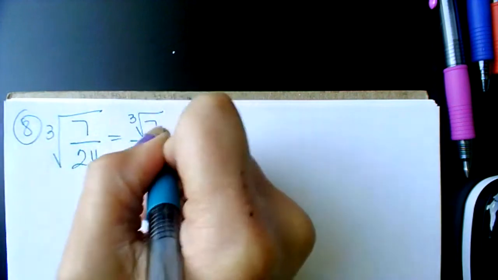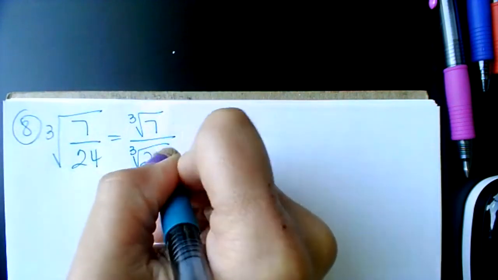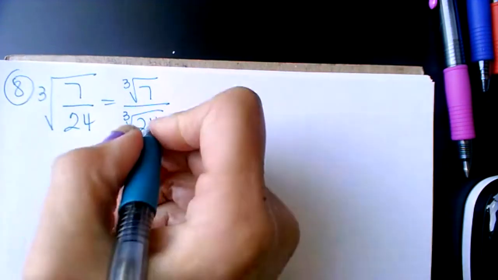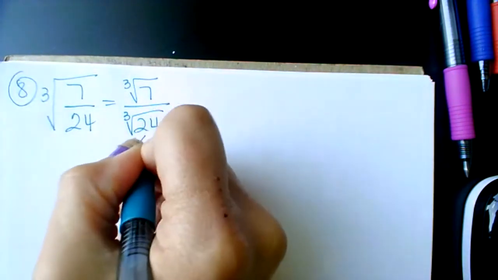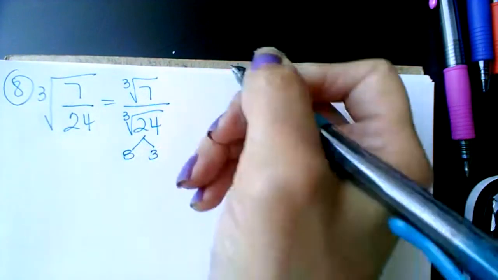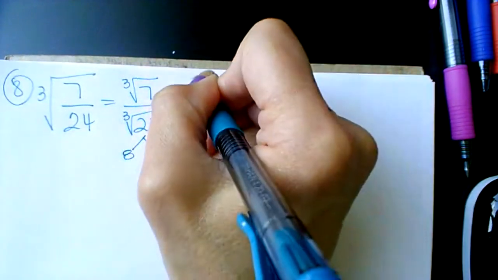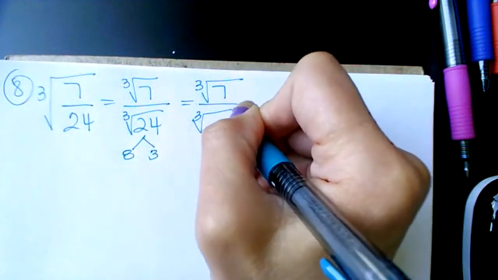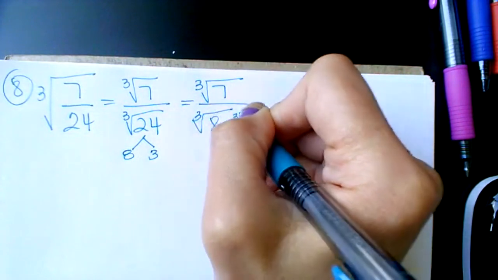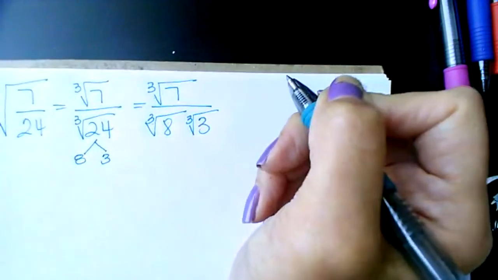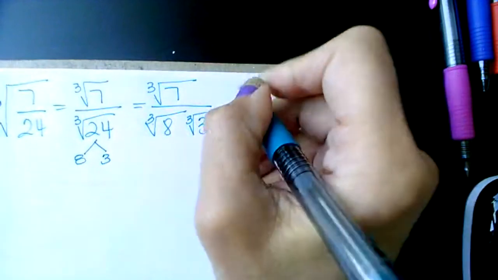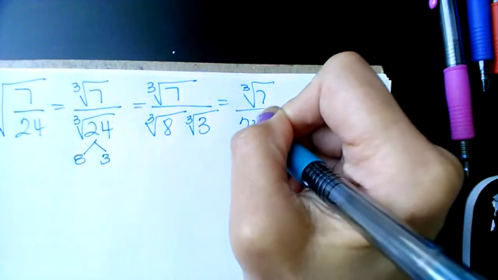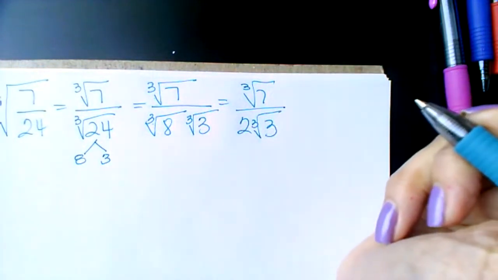So cubic root of 7 by the cubic root of 24. So a perfect cube would be 8, right? 8 times 3 is 24. So let me do that. So this is going to be 8, and this is going to be 3, right? So we know that this one is 2.